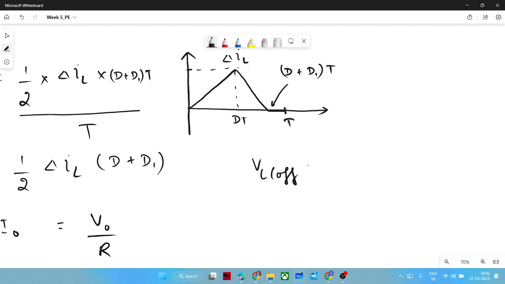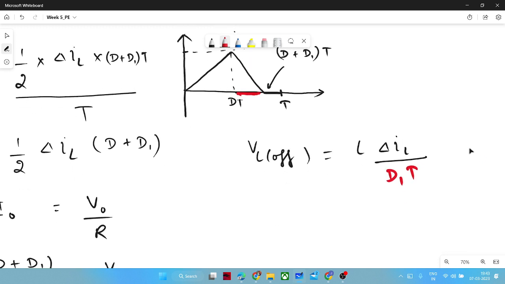VL off is equal to L di L by dt during off condition. This time during off condition, we will consider only this period, D1 period, right? And now the D1 is not equal to 1 minus D. That is something different that we are trying to compute in terms of D.